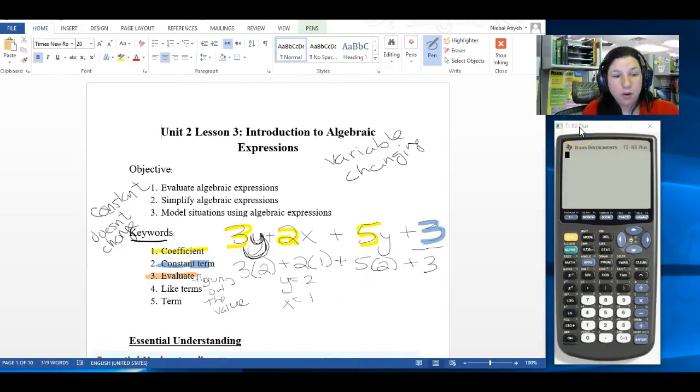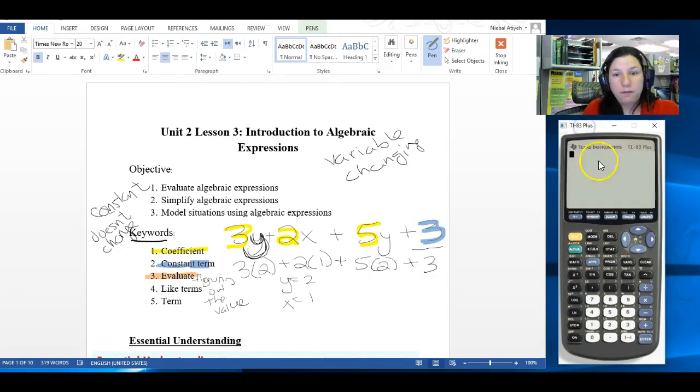Remember, you can use your calculator at all times in the course, so feel free to use it as much as you need to. There's a link to download this version and some help videos there. So now I know the values for y and x, so now I can evaluate this expression. And its value is 21.